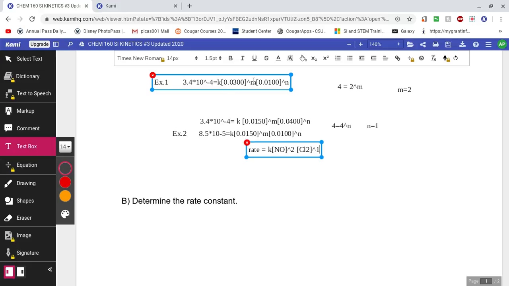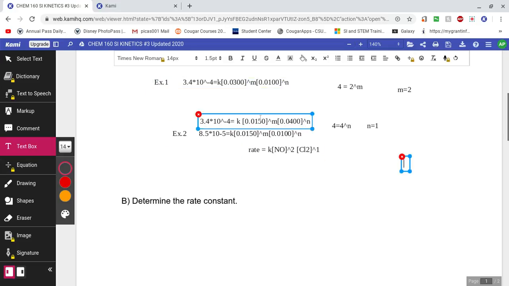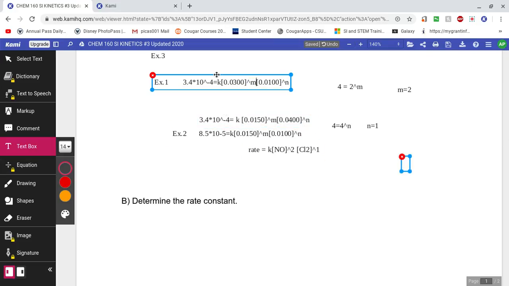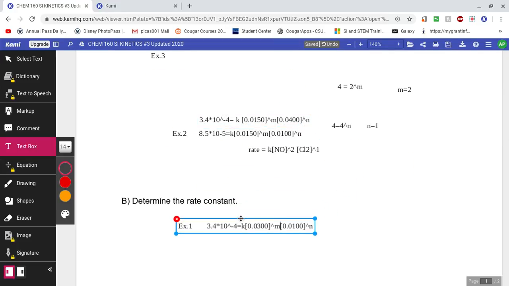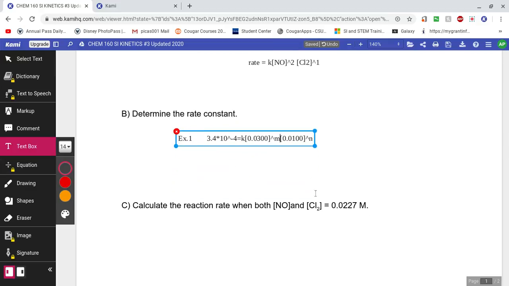So for instance, we can use this one. Let me take experiment one, drop it down here, and determine the rate constant. So now we can just fill in the respective orders.